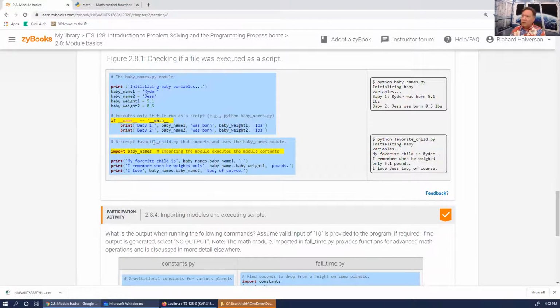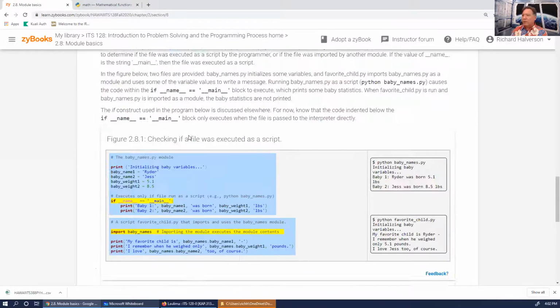Favorite child imports the baby names module. So this is like the boss, the main, and this is the subordinate. So in this case, we're using this name thing.